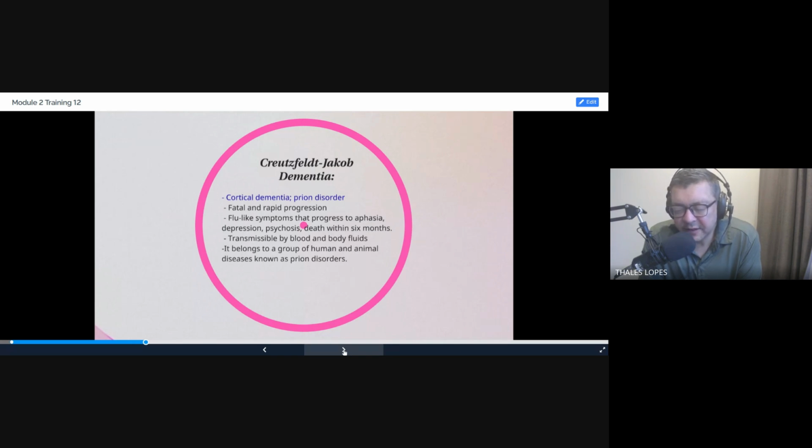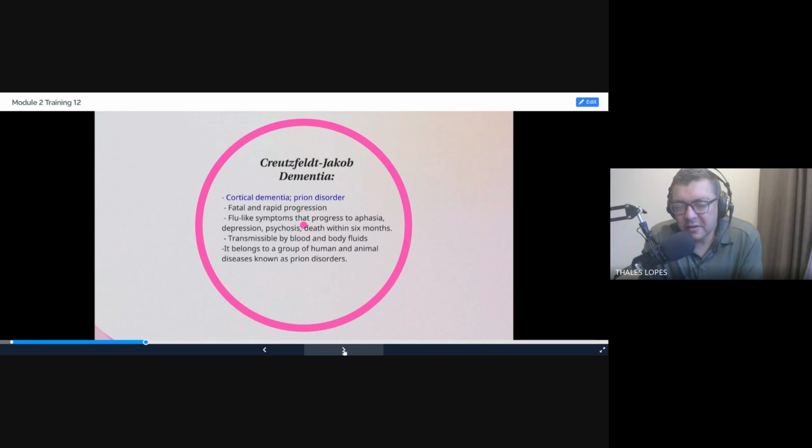There is another name for this. Anybody knows? Mad cow disease. Yep, mad cow disease, right? So there was an issue, I believe, in Europe, that people were avoiding cows, right? Mad cow disease. So, all right.